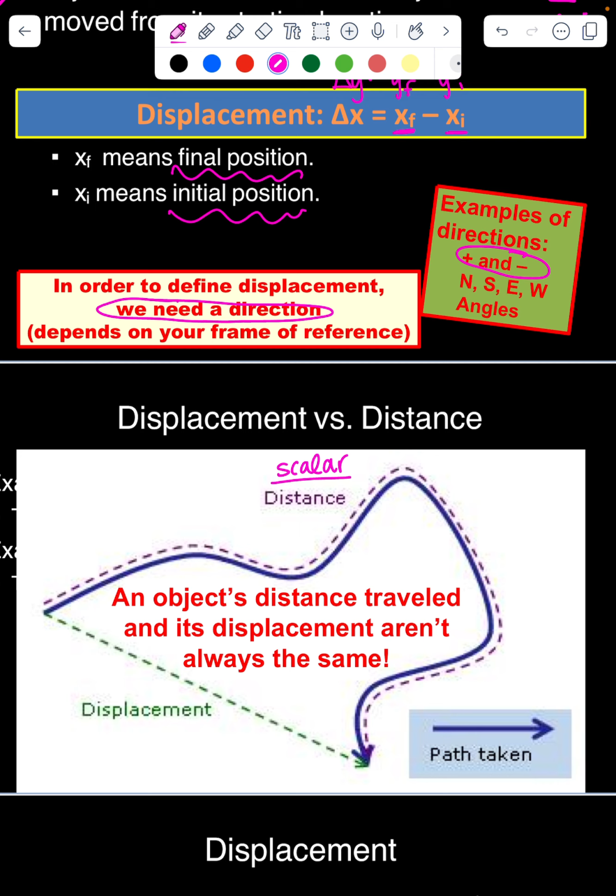It takes into account every single movement that was made. Your displacement, on the other hand, only looks at your initial position and your final position and is comparing those. Okay, so again, distance is scalar, only magnitude, displacement is vector, magnitude and direction.